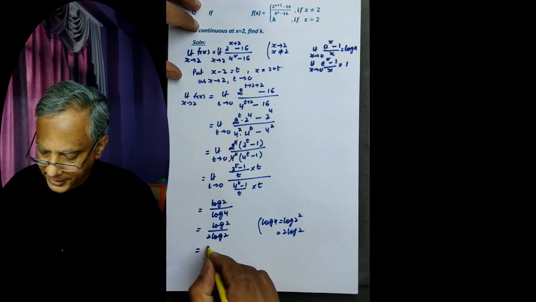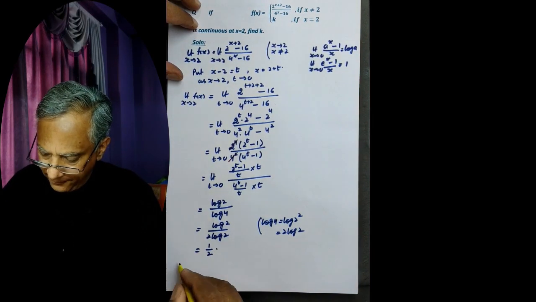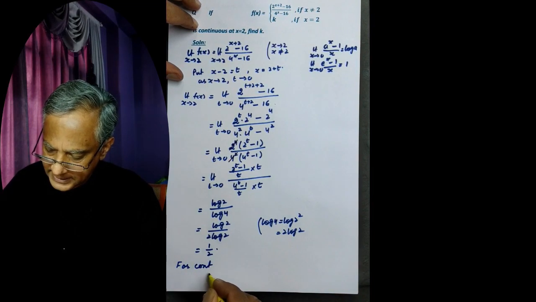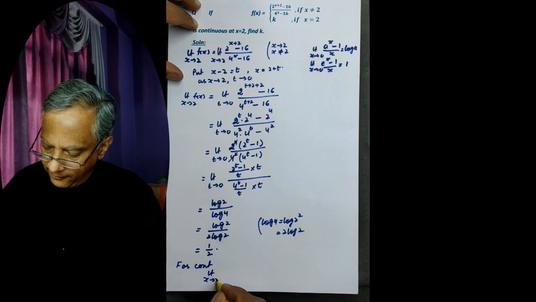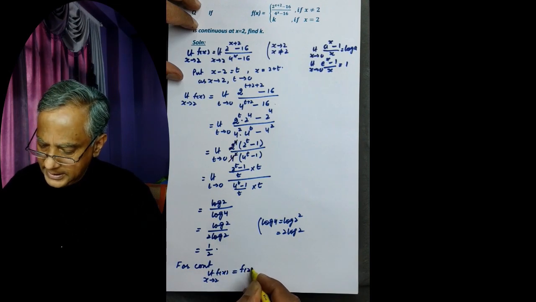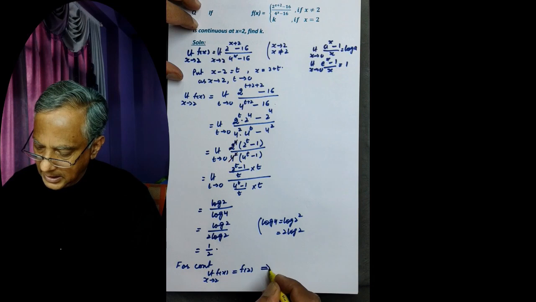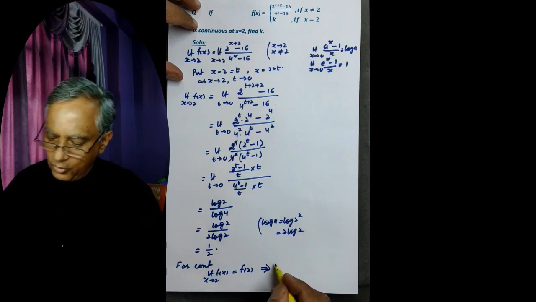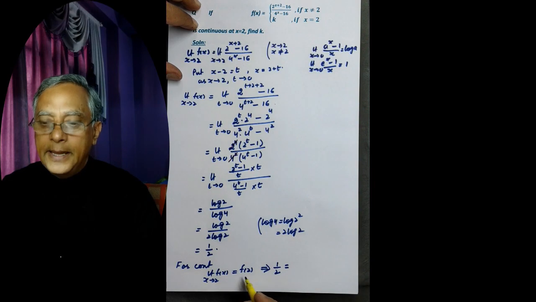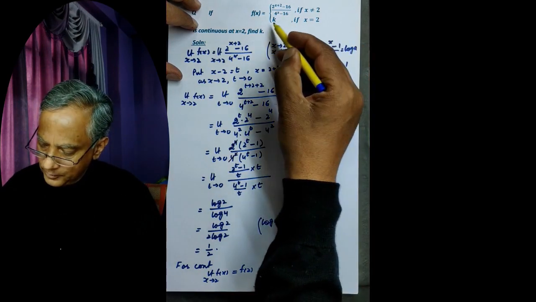Now for continuity, limit x approaches 2 of f(x) must be equal to f of 2. And this implies this limit is half, and the value of the function at 2 is k.